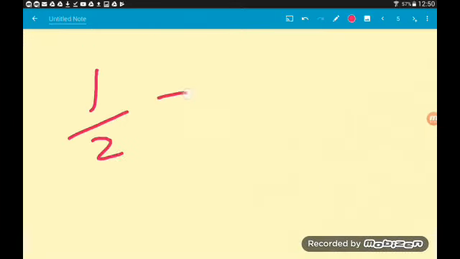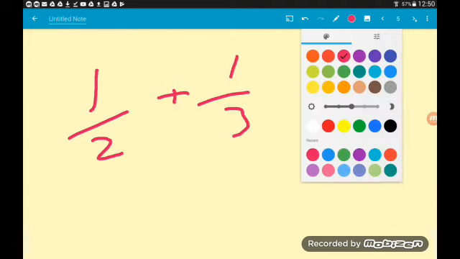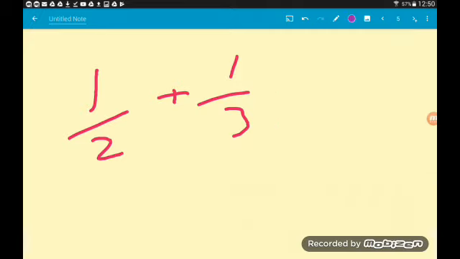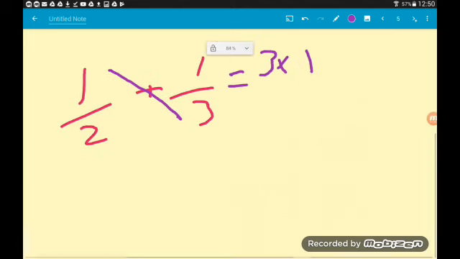That's another way of thinking about it. So 1/2 add 1/3. Another way is we multiply the bottom of the second fraction by the top of the first. So we get 3 times 1. Then whatever the sign is between the two fractions, we work that in. So here we've got plus.